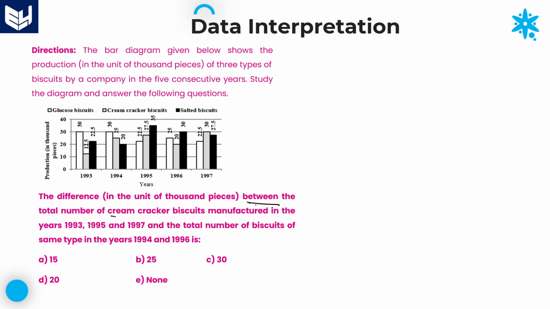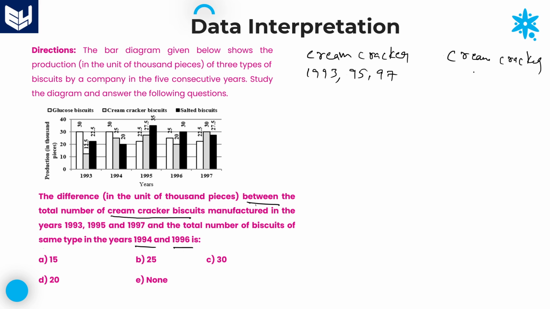The total number of cream cracker biscuits manufactured in the years 1993, 1995 and 1997, these three together, and the total number of biscuits of the same type, cream cracker again, in 1994 and 1996 together.